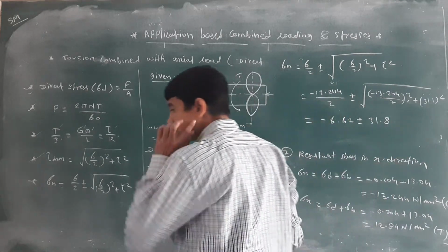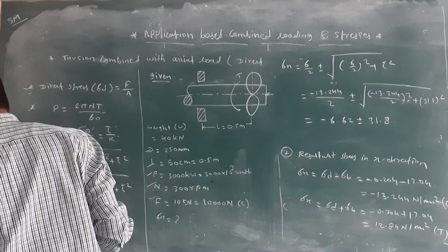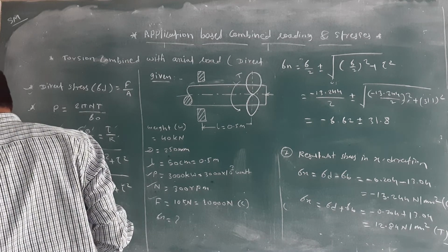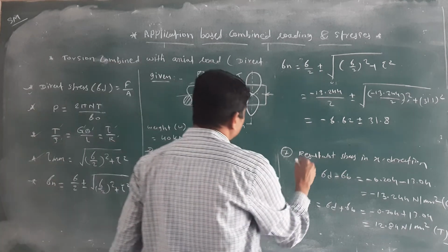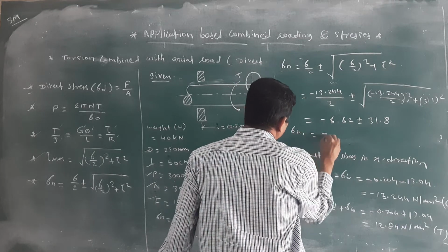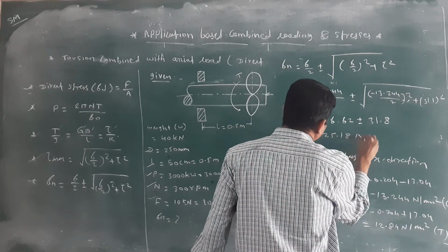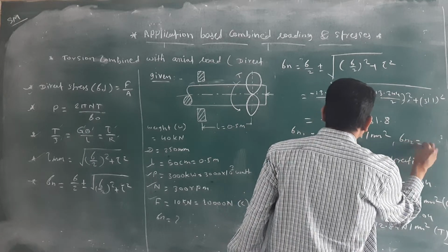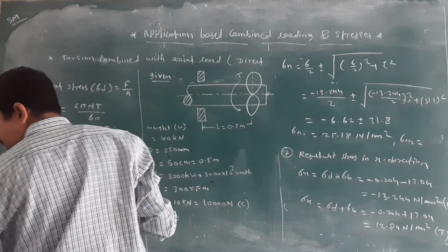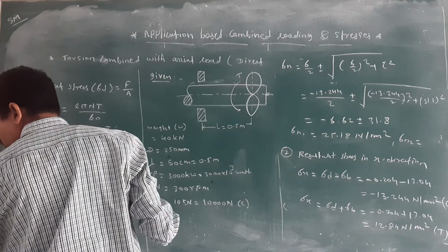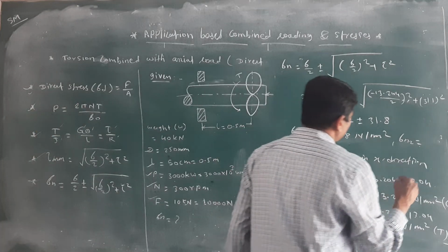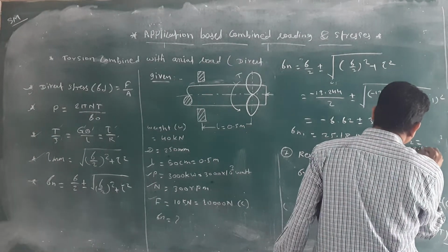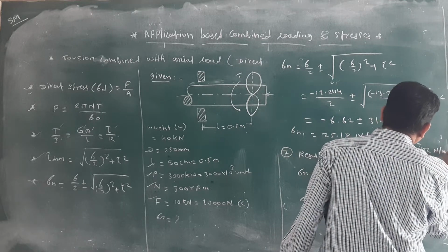Then sigma n1 you will get 25.18 Newton per mm square, and for sigma n2 you have to take the other sign, then you will get minus 38.42 Newton per mm square.